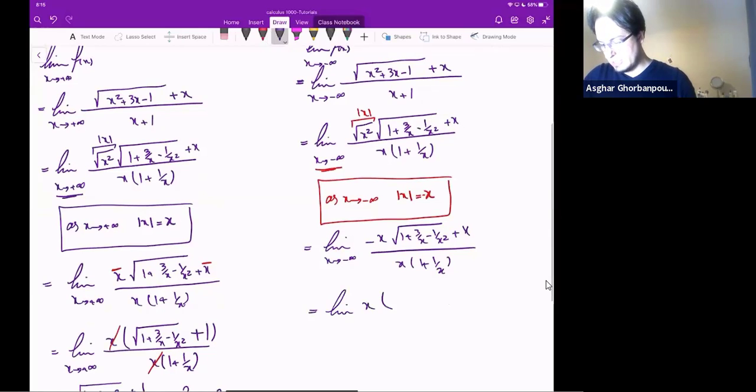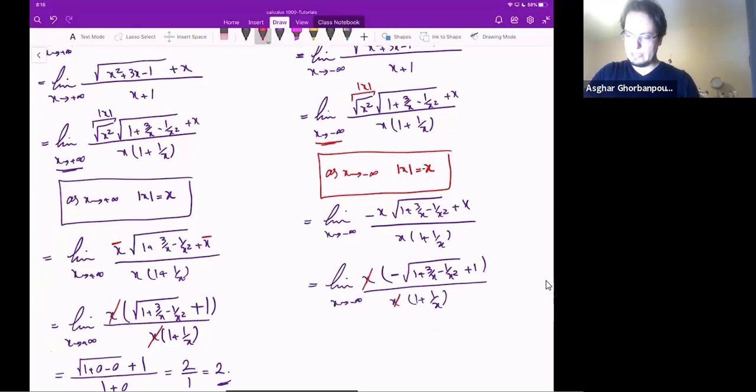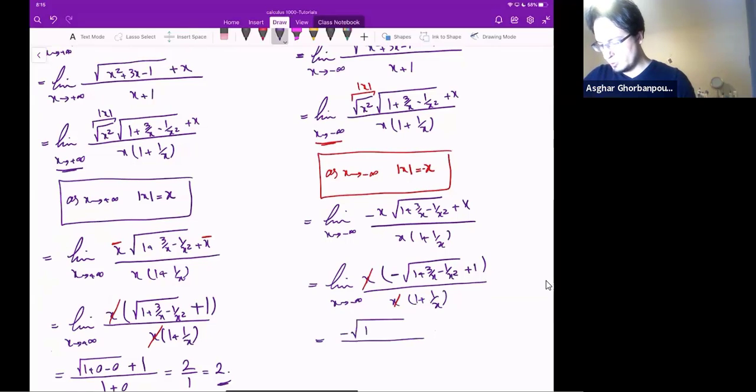And then the rest is again similar to what we had before. I can factor out x. This time there will be that extra negative sign, as x goes to negative infinity. And then, well, this cancels with that. Then apply the limit laws for a limit at infinity. You get negative root of 1 plus 0 minus 0, over 1 plus 0.